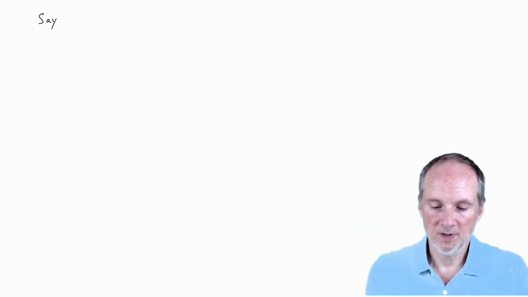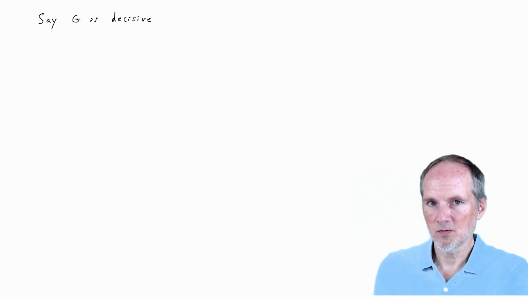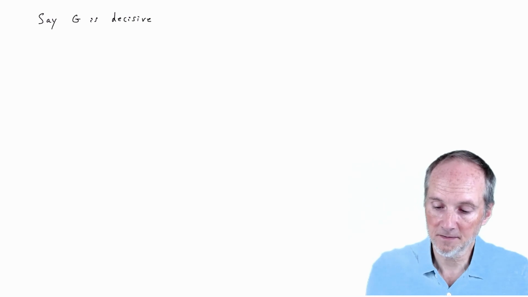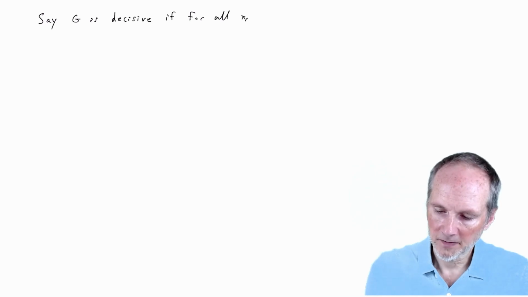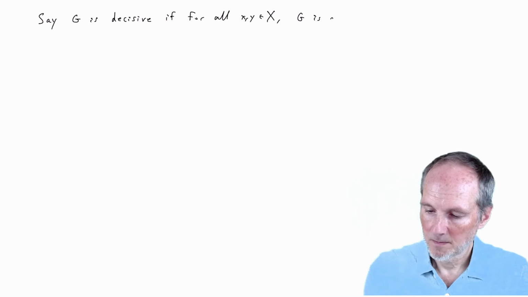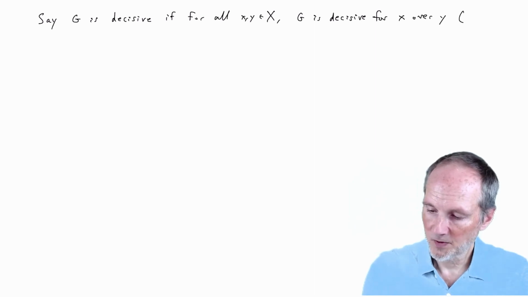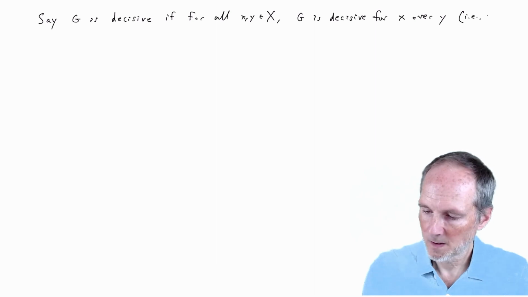Let's build on that a little bit more and say a group G is decisive, with no qualifiers about alternatives, if for all X and Y, G is decisive for X over Y. And then we could just write that like so.